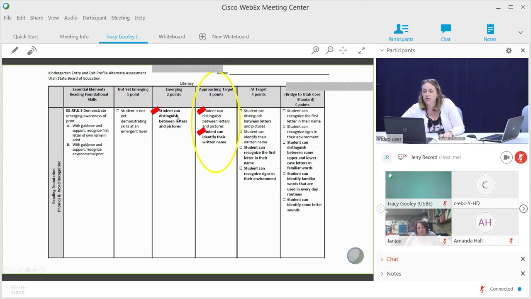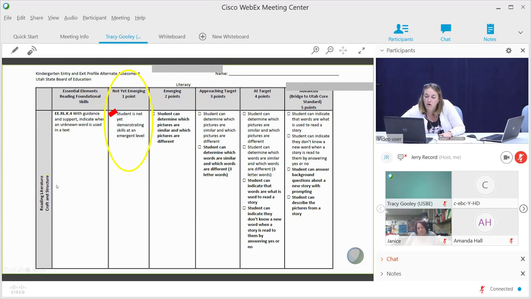Then here, so student was able to distinguish between letters and pictures for phonics and word recognition, and they're able to identify their written name. However, they're not able to recognize the first letter in their name, so that would put them back here at approaching target. For craft and structure, student can determine which pictures are similar and which pictures are different.